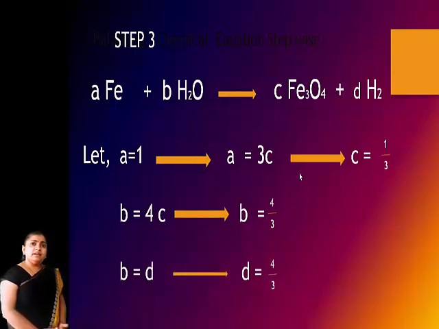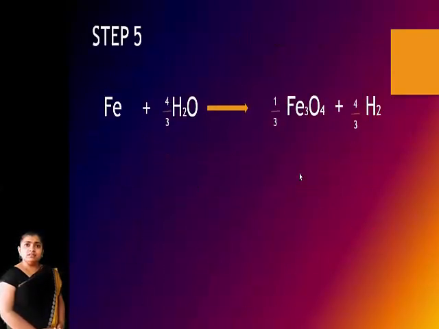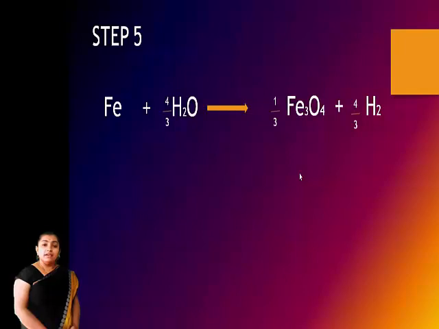Similarly, d will have the same value as b. If we put these values in the equation, we have Fe plus 4 by 3 H2O gives 1 by 3 Fe3O4 plus 4 by 3 H2.